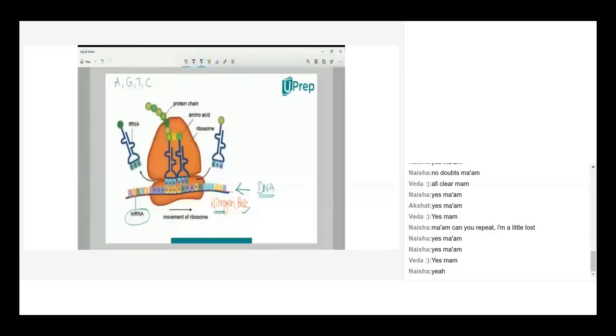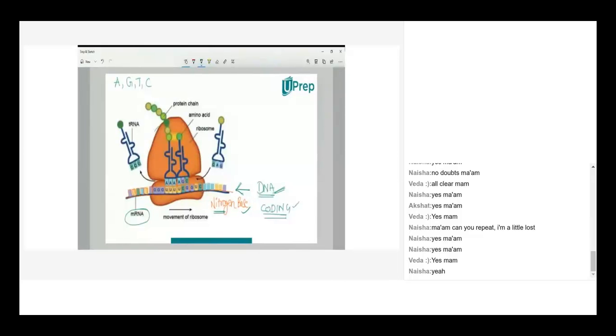When you take the DNA structure, you have different nitrogen bases. Based on those, coding happens. The best word is coding. Based on the nitrogen bases, new nitrogen bases are produced in RNA. So this is how RNA is produced.